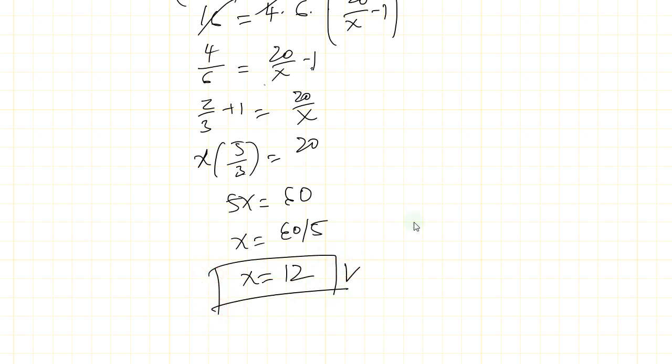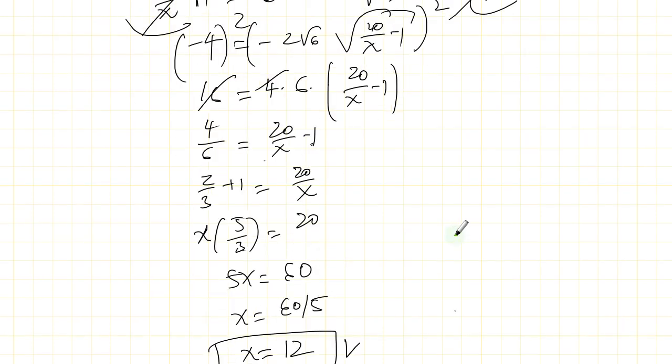So this is our answer. Let's check if it's correct. Our equation is the square root of 20 over x plus 1 plus the square root of 20 over x minus 1, which is the square root of 6.